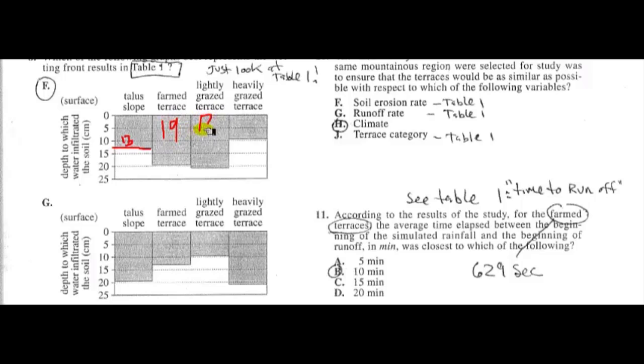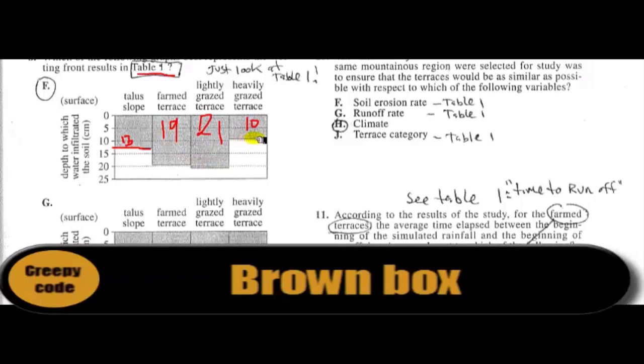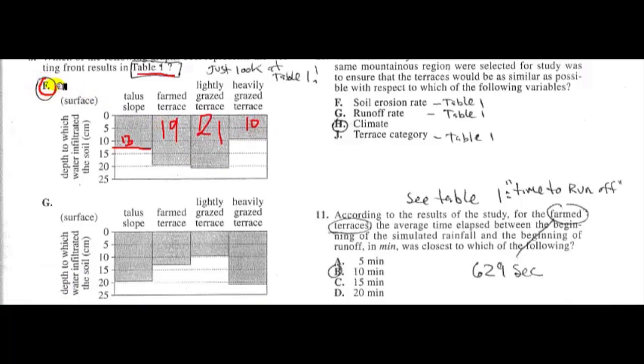This one was 21. And this one was about 10. That's what we got from table number 1. We plugged it in here, and we'll check that out. Here's 13. Here is just under 20. Here's a little over 20, 19, 21, and here is right around 10. This is the correct answer.